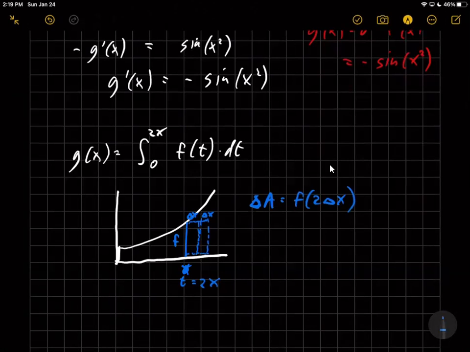So if we want to find delta A over delta X, that would end up being twice f. Therefore, if we make this into a derivative by letting delta X go to 0, we would get that G prime of X is twice f at X.